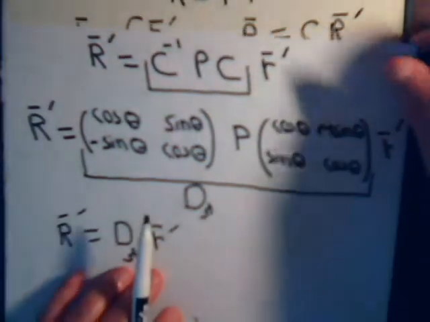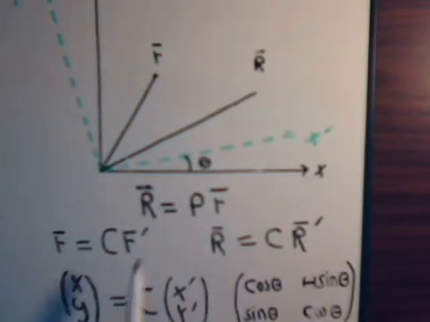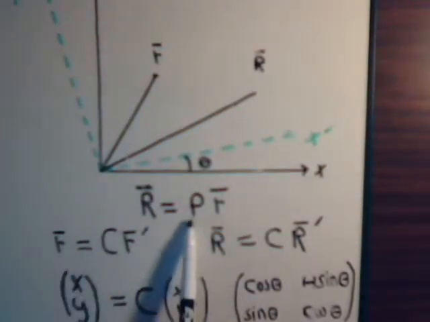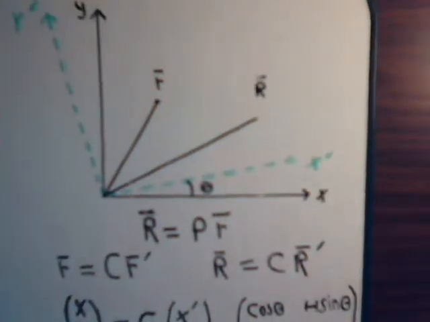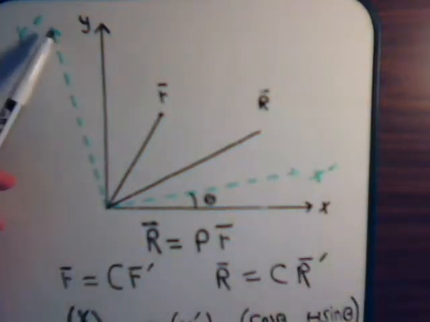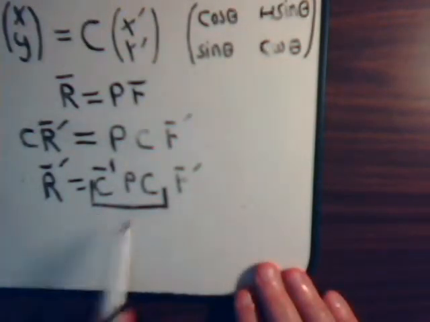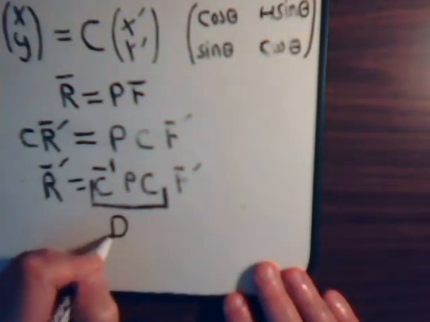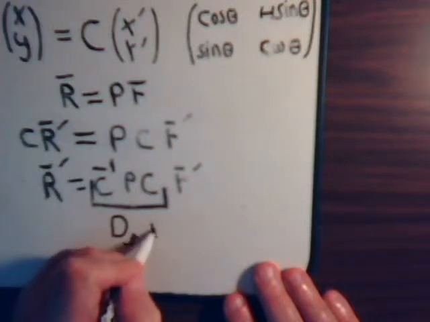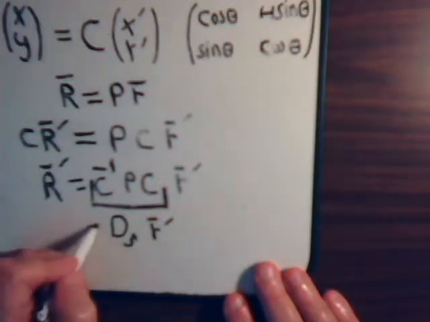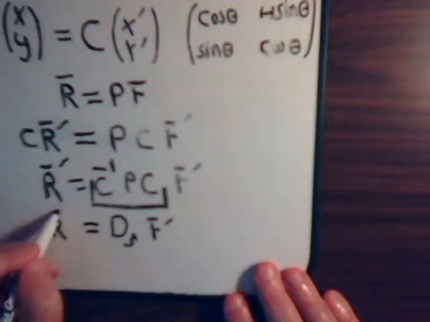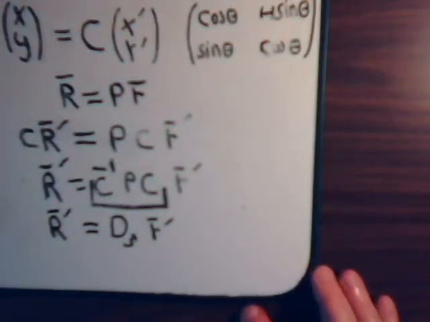And how can this happen? It can happen if this matrix is symmetrical and we use its two orthogonal eigenvectors to form the x prime, y prime axis. If we do that, then this is just the diagonal matrix, and we have a much, much simpler equation to work with.